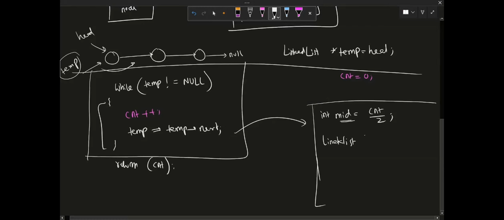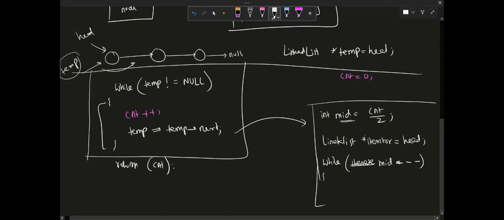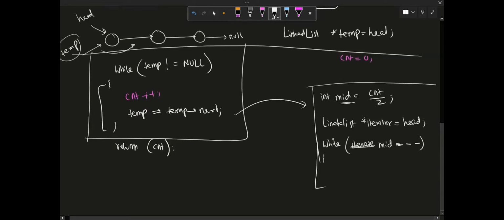So ListNode star, let's say iterator, is equal to head. Okay, we have the mid, right? So we'll simply write while mid minus minus, and here we will move the iterator: iterator is equal to iterator dot next.